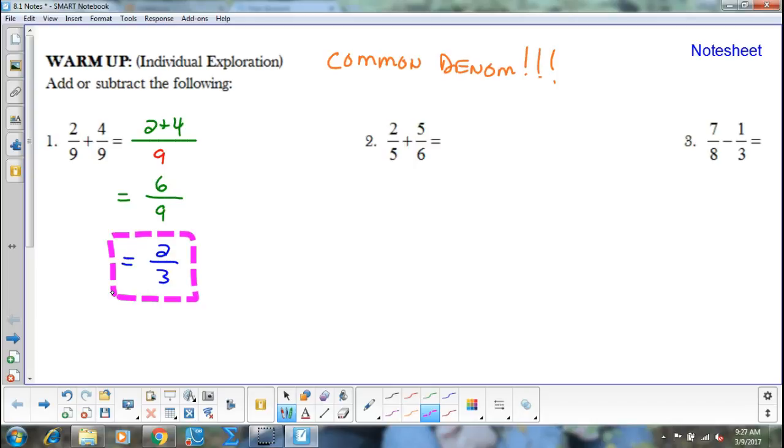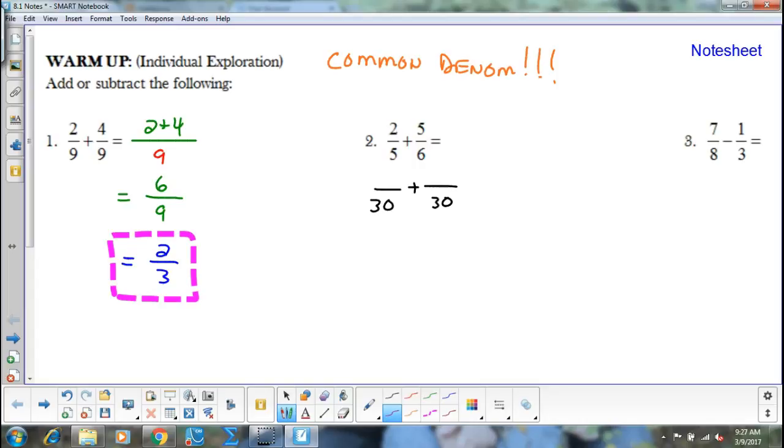Okay. Second one, are they in common denominator form? No. So first, I've got to adjust them into common denominator form. Now, what is the common denominator between 5ths and 6ths? 30ths. Okay. So 30 down there, right? Now that I've got my common denominator, I've got to adjust those fractions. So what times 5 gets me 30? 6.